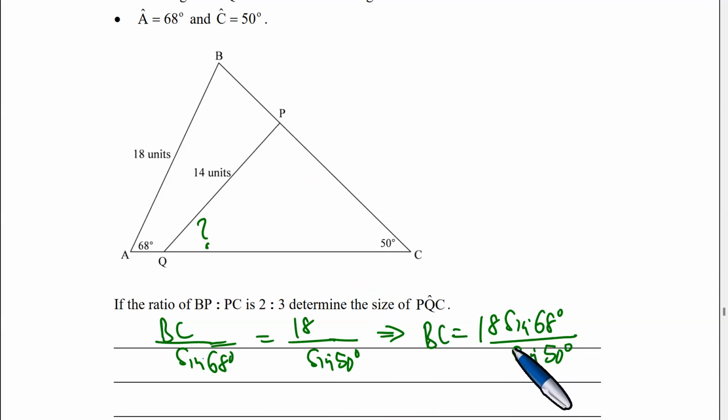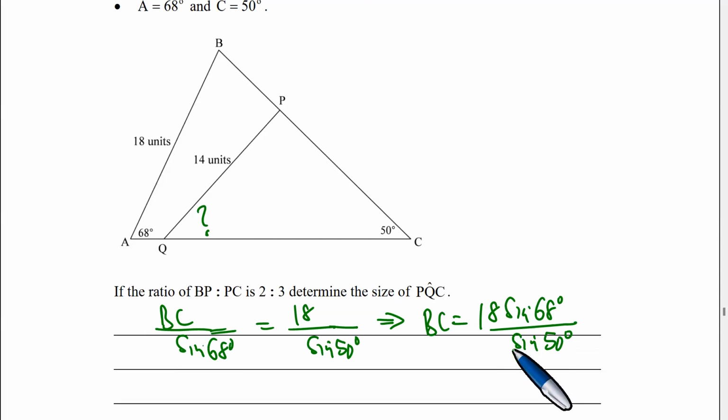Okay, we're going to get the actual answer to this. But it's not the end yet, because now we also want to find the length of PC. How do we find the length of PC? We've been given that the ratio of BP to PC is 2:3. If the ratio is 2:3, it means a couple of things.